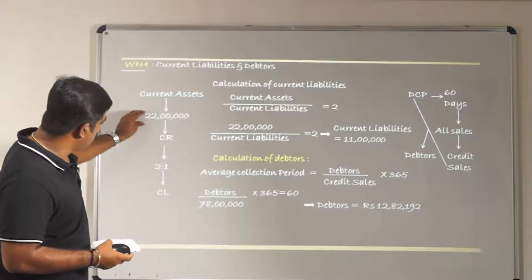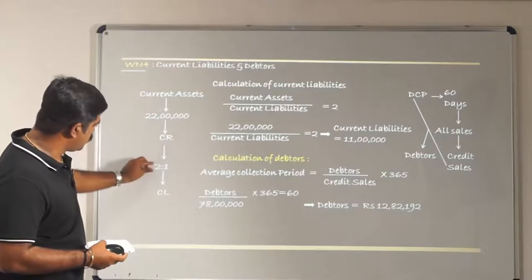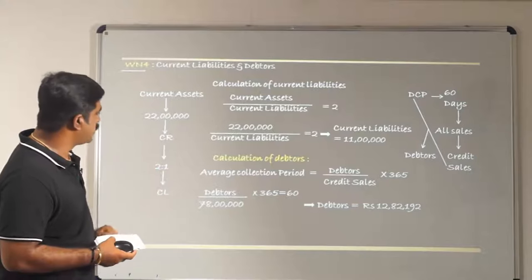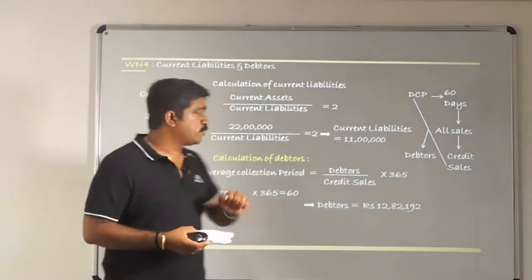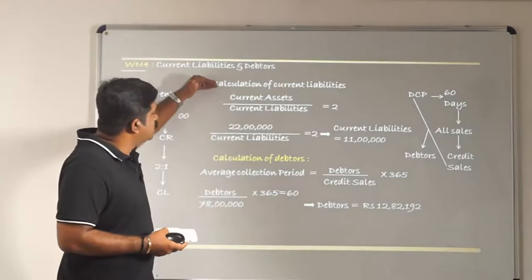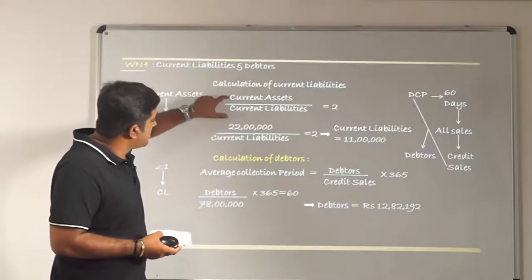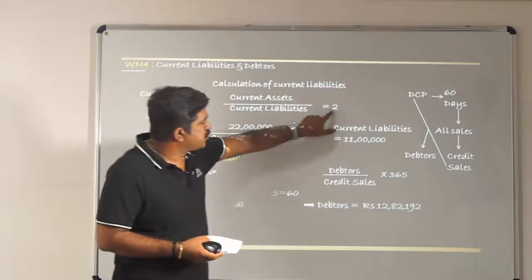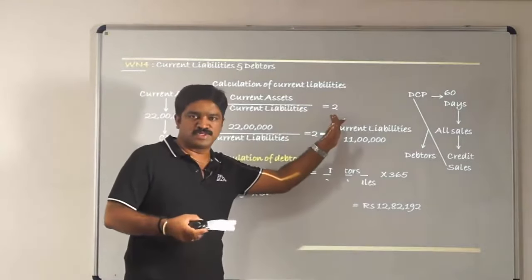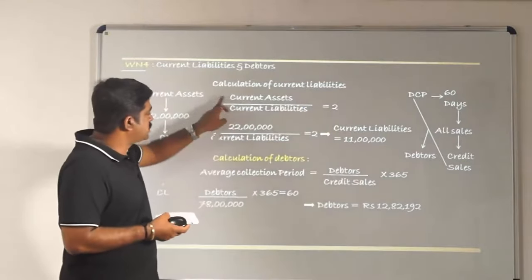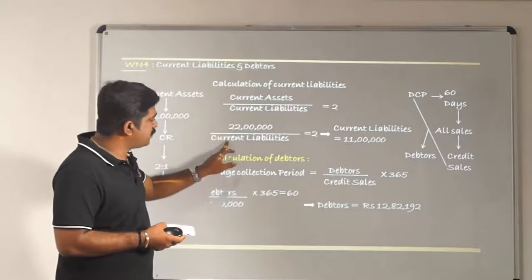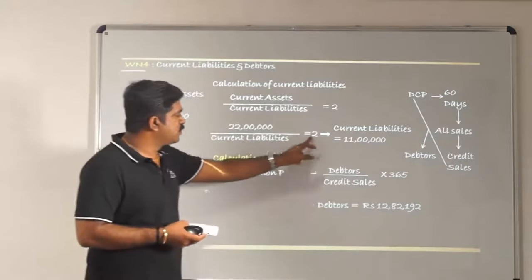Now, if this amount is applied in current ratio of 2:1, we can find out the current liability, and that's what I'm going to do here. That is calculation of current liability. We know current ratio is 2:1, that is current asset by current liability is equal to 2. So we know current asset is 22 lakhs, current liability we are trying to find, is equal to 2.